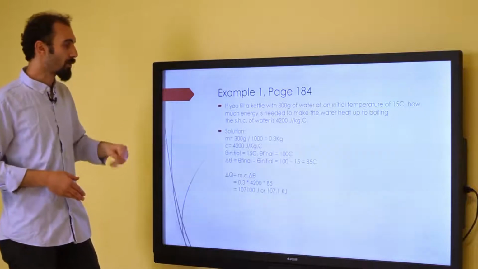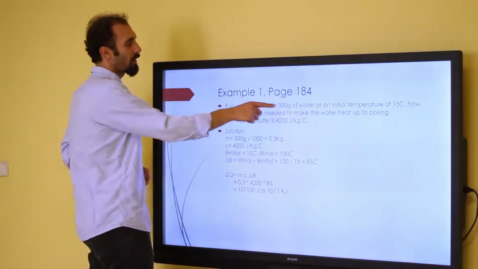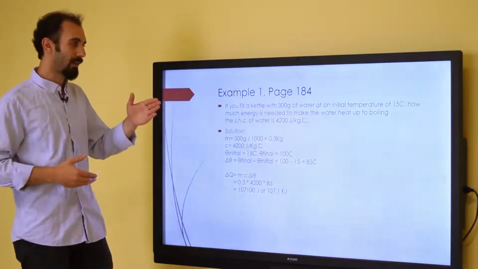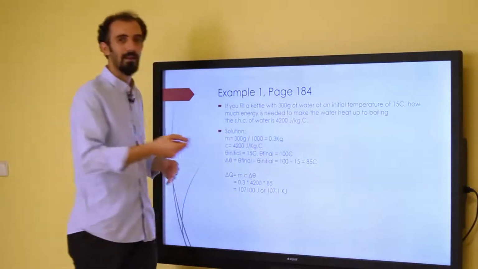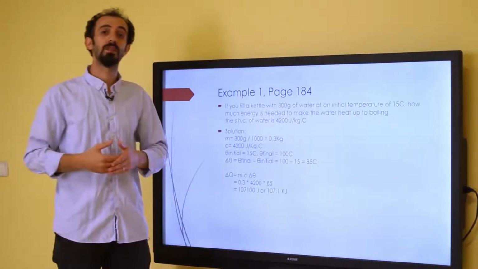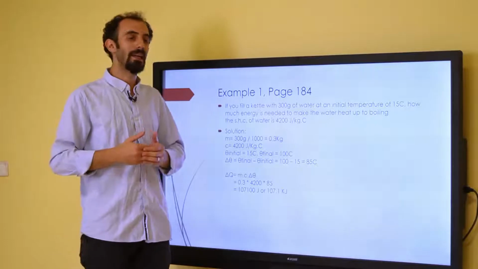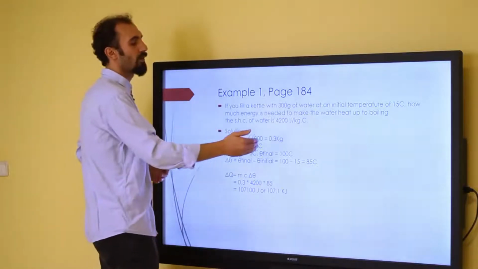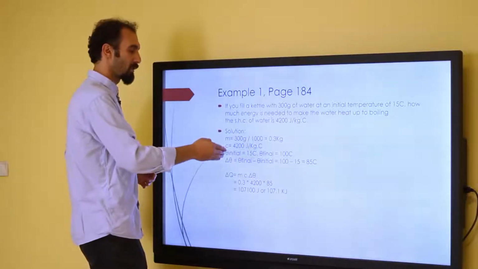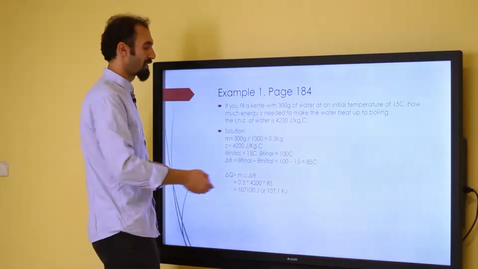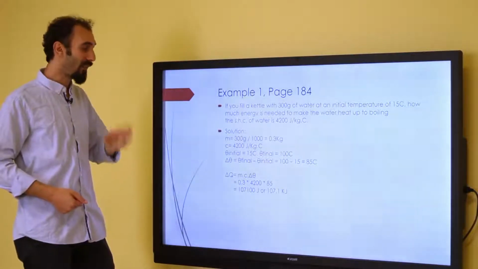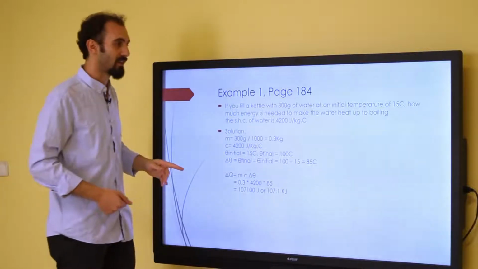Now, for the solution, first of all, we have 300 grams of water, but I want it in kilograms. Remember that the specific heat capacity has the unit kilogram in it, and so I need to convert grams into kilograms, and to do that, we divide by 1,000 to get 0.3 kilograms. The specific heat capacity is 4,200 joules per kilogram per Celsius. Now, the initial temperature is 15 Celsius, but the final temperature is 100 Celsius.